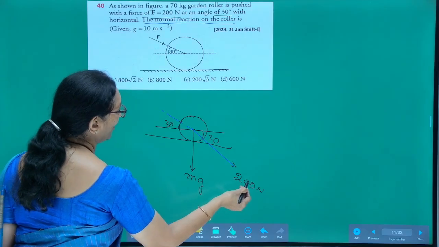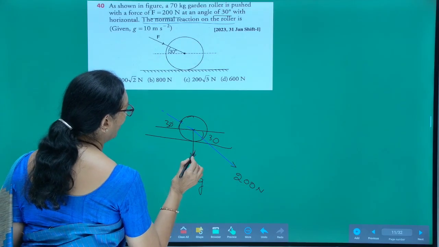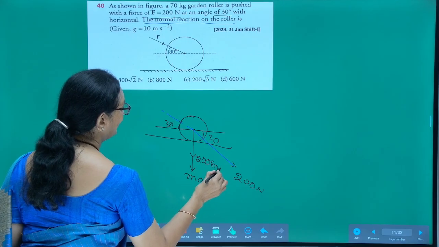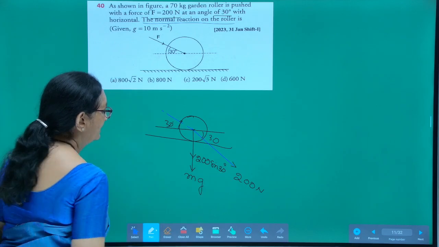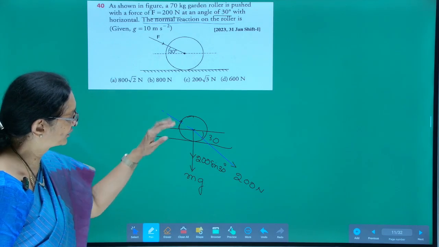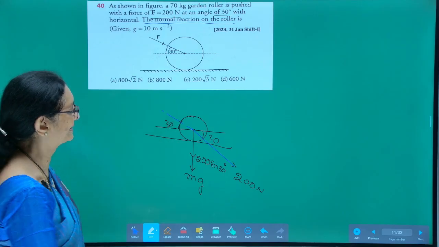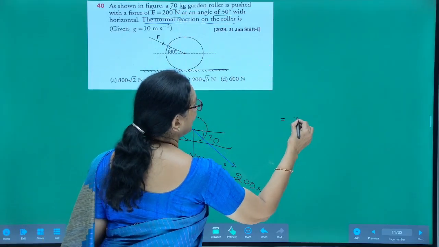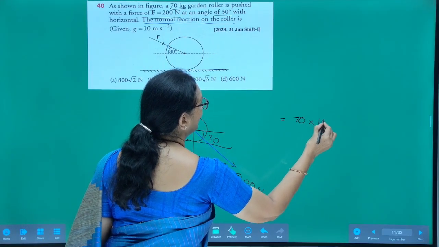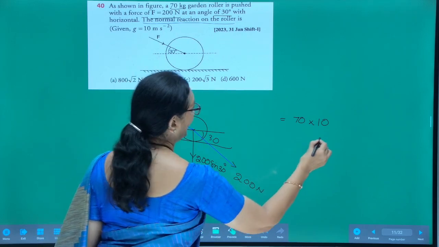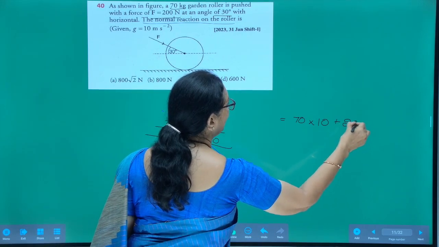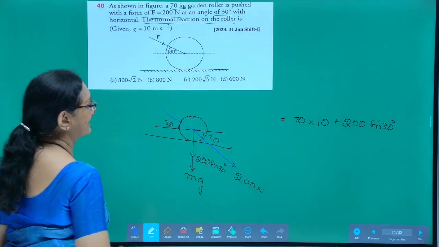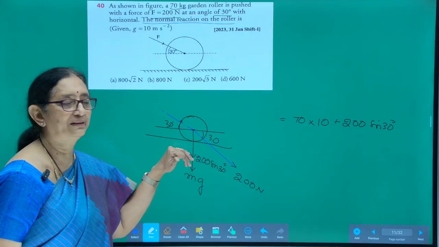So, the component of this along this direction becomes 200 sin 30 degrees. So, the force with which the roller presses the ground is mg, m is given as 70, g is given as 10, plus 200 sin 30. This is the force exerted by the roller on the ground.